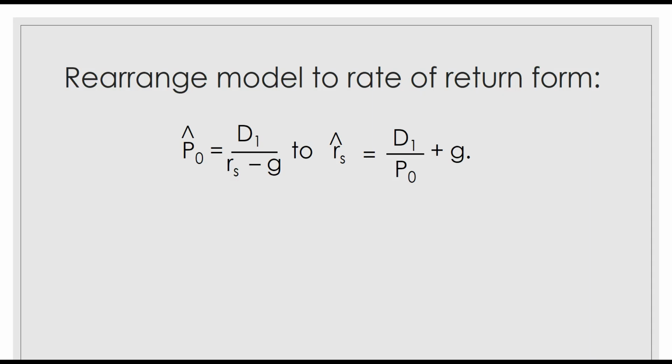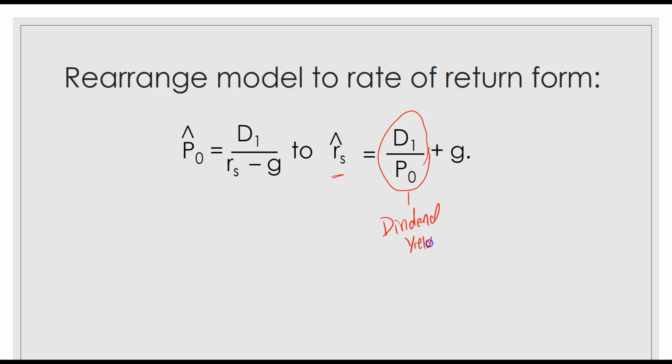So if we're solving using the Gordon model, we said that the price is the next dividend paid divided by the required return minus the growth rate. If we were to rearrange this equation, we could say that our expected return, our required return, is equal to the next dividend divided by the current price. This right here is the dividend yield, the formula we just went through.